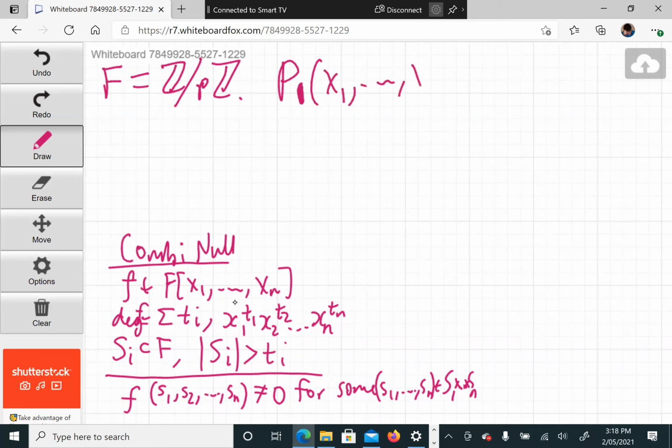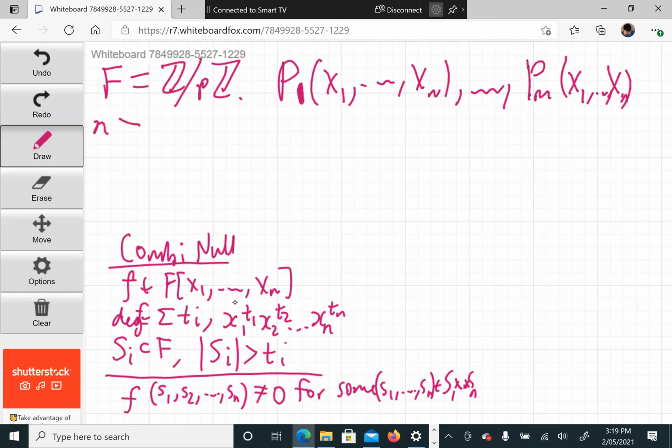And there are a lot more variables than the degrees of the p's: n is bigger than the sum of the degrees of the p's.